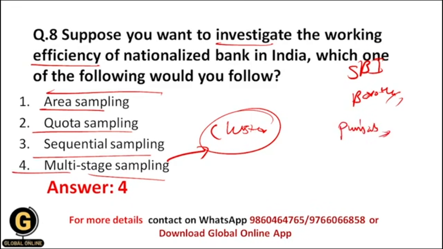India has lots of population, though I know that the population is finite. But here I need to investigate the working efficiency, so whether the population is finite or not won't actually matter over here. I need to know the working efficiency only.